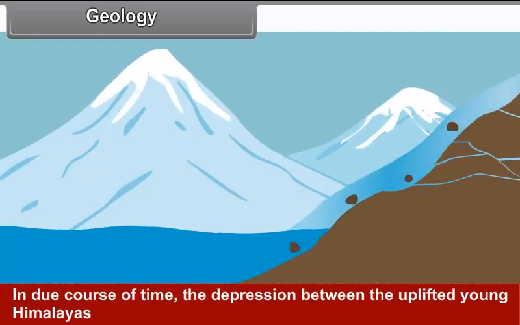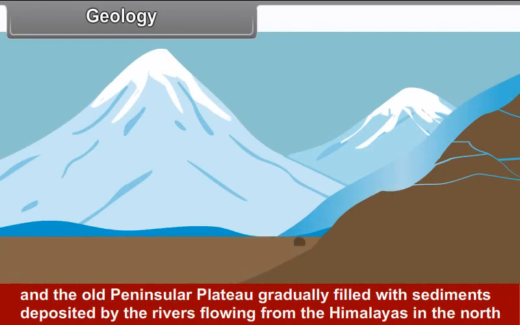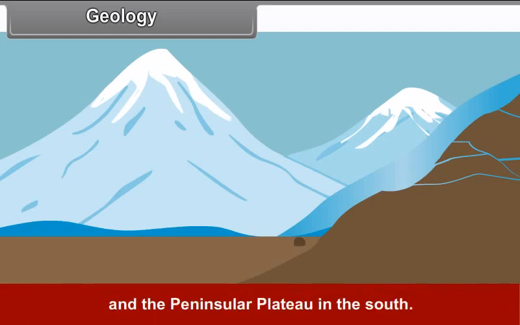Convectional currents split the crust into a number of pieces. The Indo-Australian plate drifted towards the north after being separated from Gondwana land. The northward drift resulted in the collision of the plate with the much larger Eurasian plate.